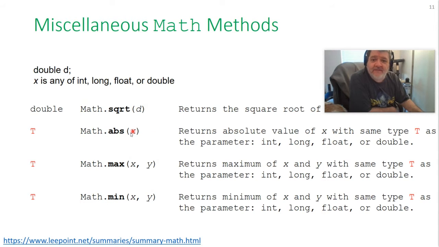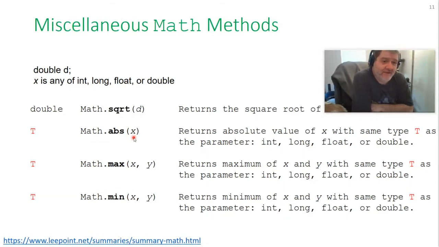What is explained here is when you pass a parameter x to the absolute value method, Math.abs, the data type of the parameter is going to determine the data type of the value that is returned. So if you pass an int, you're going to get an int back. If you pass a long, a long; a float, a float; a double, a double. So that's kind of new, okay?